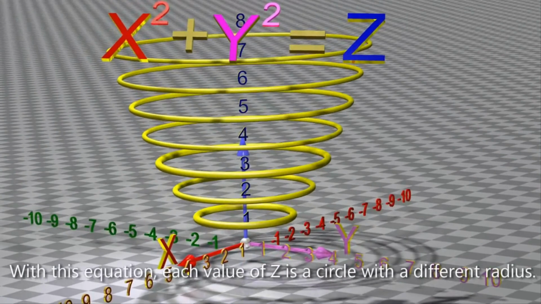With this equation, each value of z is a circle with a different radius.